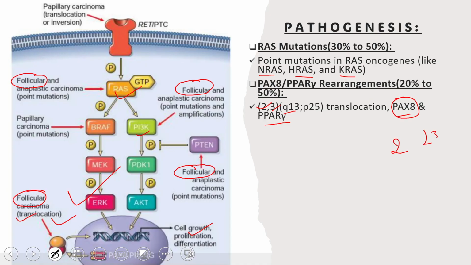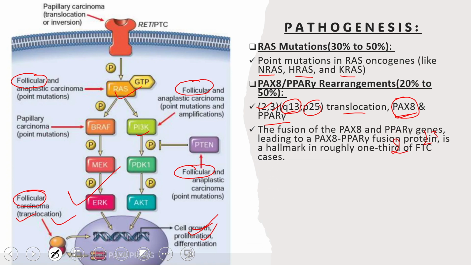So these are the breaking points where such genes are located and break off, and they get rearranged, and this translocation or rearrangement also leads to exaggerated proliferation and differentiation of the cell, resulting in the thyroid carcinoma.